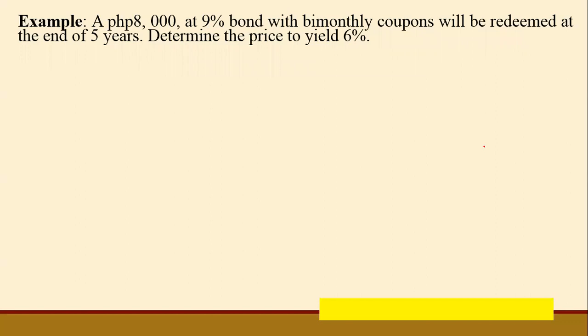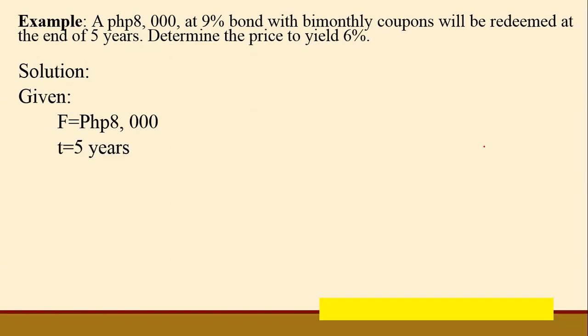8,000 pesos at 9% bond with bi-monthly coupons will be redeemed at the end of 5 years. Determine the price to yield 6%. So we have the following given. We have the face value of 8,000. The term is 5 years.